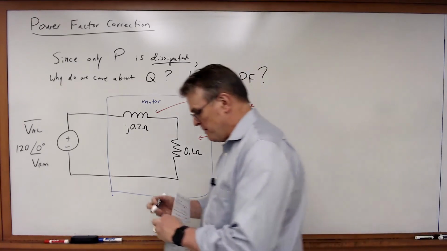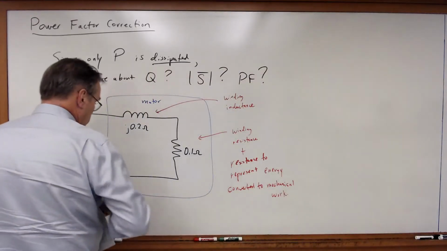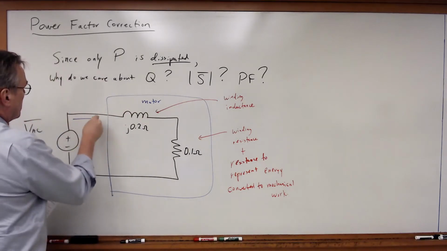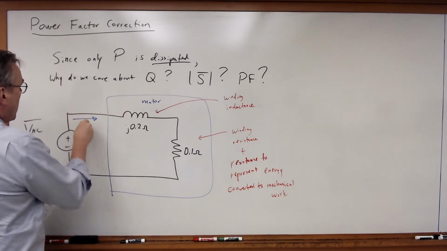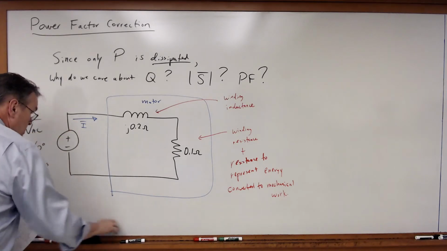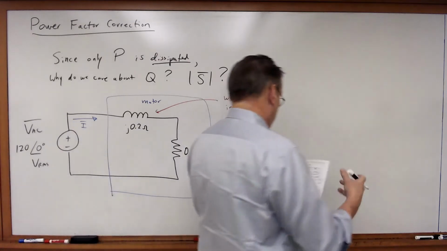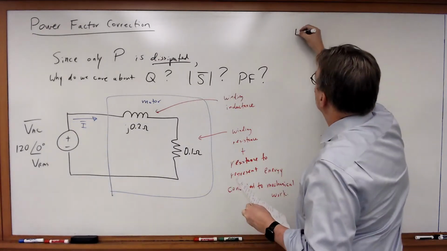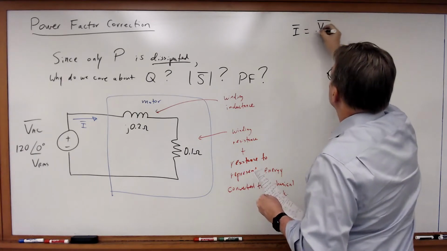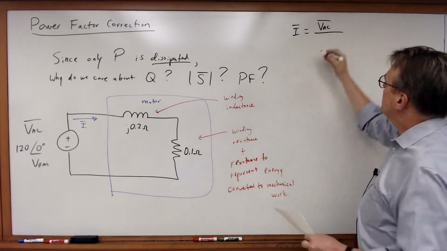That's easy enough to do. So in this case, I'm going to have a phasor current I flowing into that motor. I can easily calculate that. I is going to be equal to V_AC divided by the impedance of the motor.